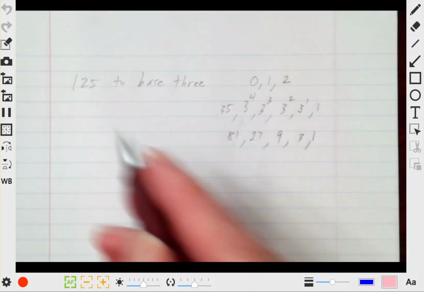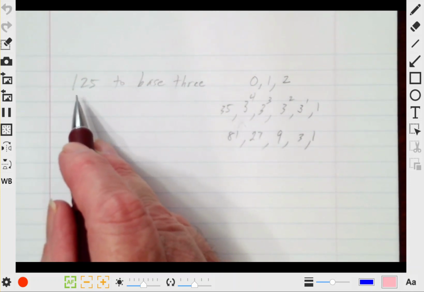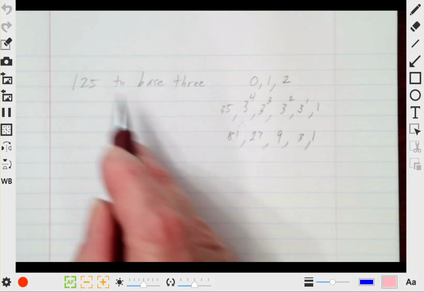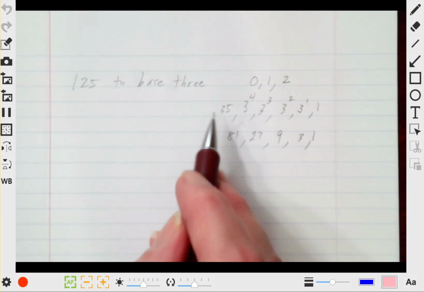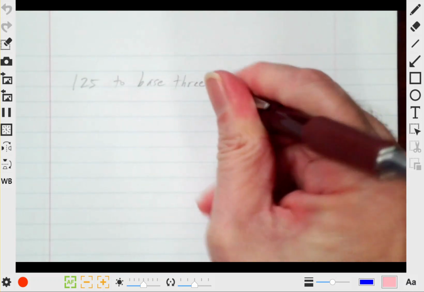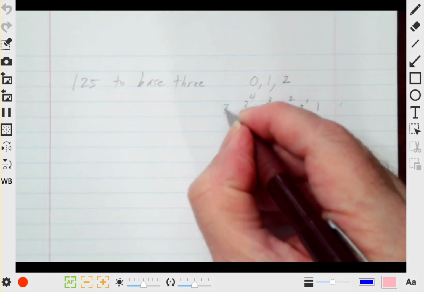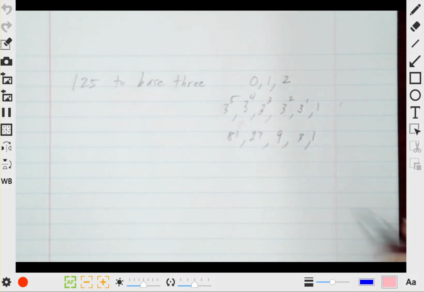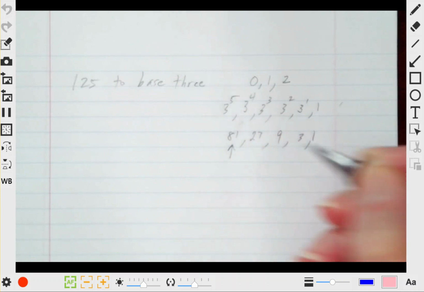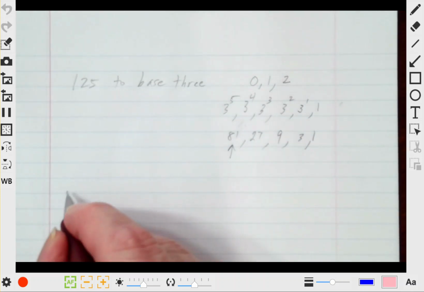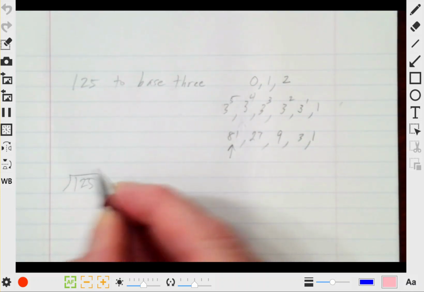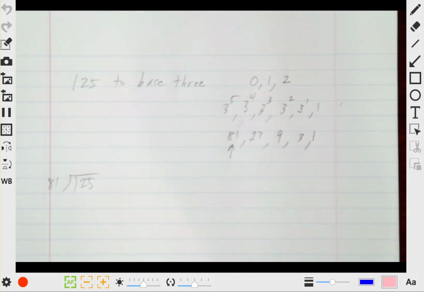And 3 times 81 is certainly going to be more than 125. So 3 to the 5th power, whoa, didn't write that very well, is too big. So we're going to start at 3 to the 4th, and we're going to divide 125 by 81. We're basically asking ourselves how many 81s are there in this number 125.